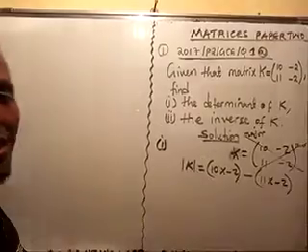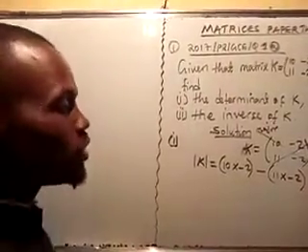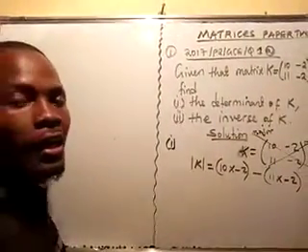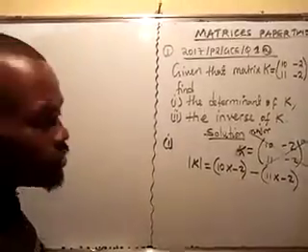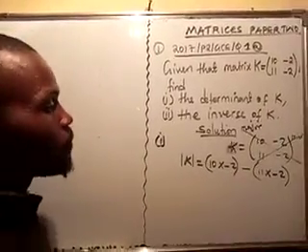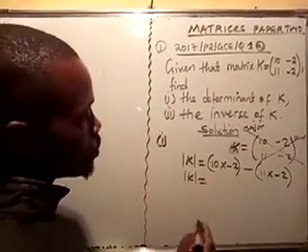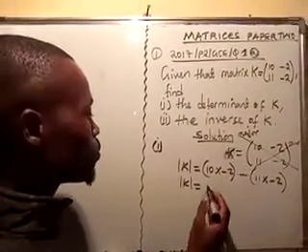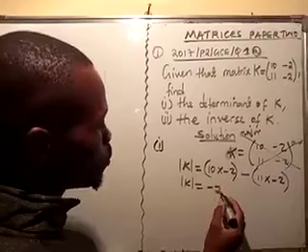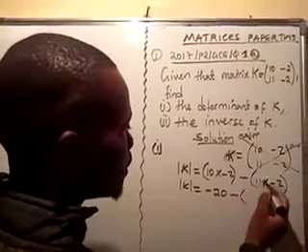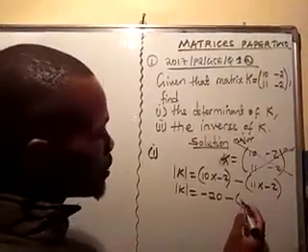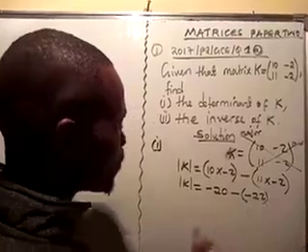So determinant is simply the difference between the product of the major diagonal and the product of the minor diagonal. So you say determinant of K is equal to 10 by negative 2. The answer will give you negative 20 minus 11 by negative 2. The answer is negative 22.